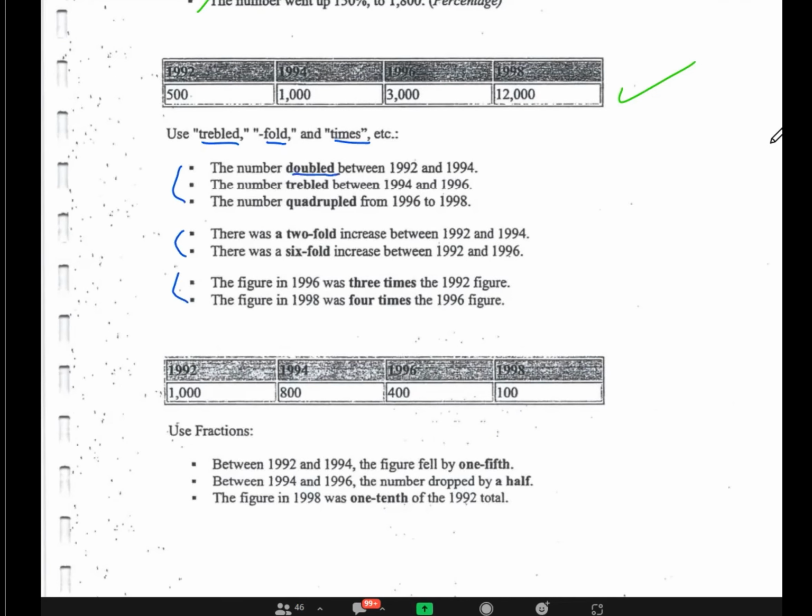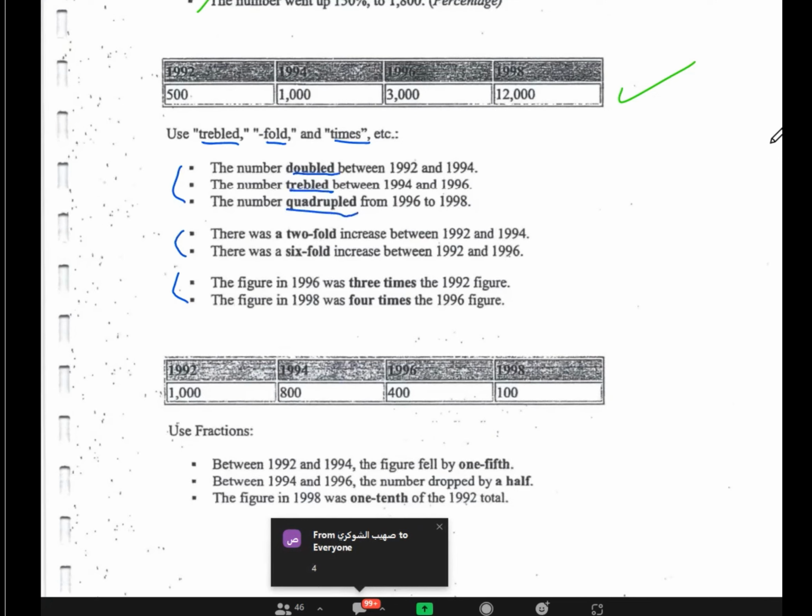The number doubled means 2 times. The number tripled, how many times? 3 times. The number quadrupled, how many times? 4 times. So you just learn these words. There was a 2-fold increase, means double. There was a 3-fold increase, means 3 times.